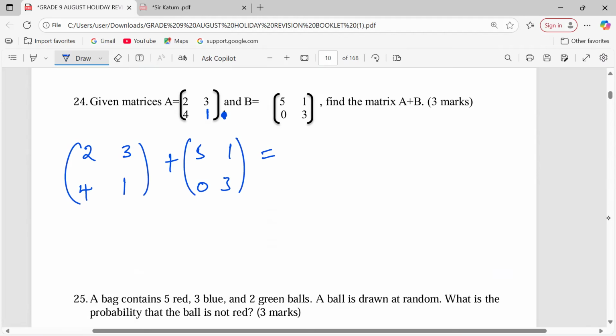So 2 plus 5 giving us 7. Then we add 3 and 1 giving us 4. Then we add 4 and 0 giving us 4. Then we add 1 and 3 giving us 4. So this is now the added matrix. That's what you get after adding. So that is it.